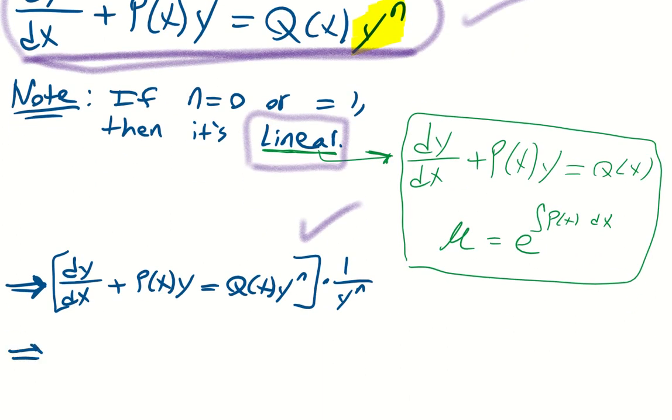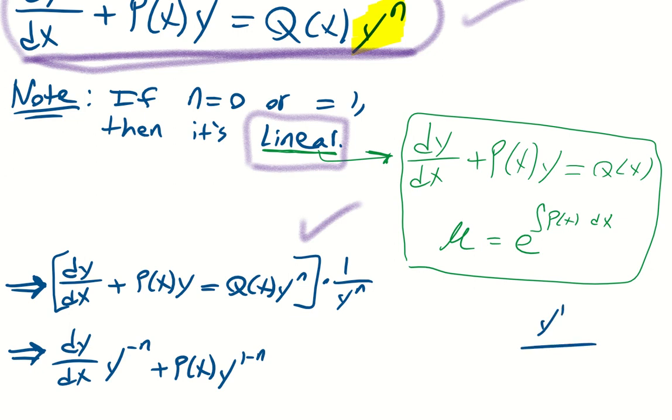So now we have dy/dx times y to the minus n power. That's simpler to write, so why not write it that way? Plus p of x times y raised to the 1 minus n power. Because here we have y to the first power divided by y to the n power, and of course that's just y raised to the 1 minus n power. And the right-hand side is now just q of x.